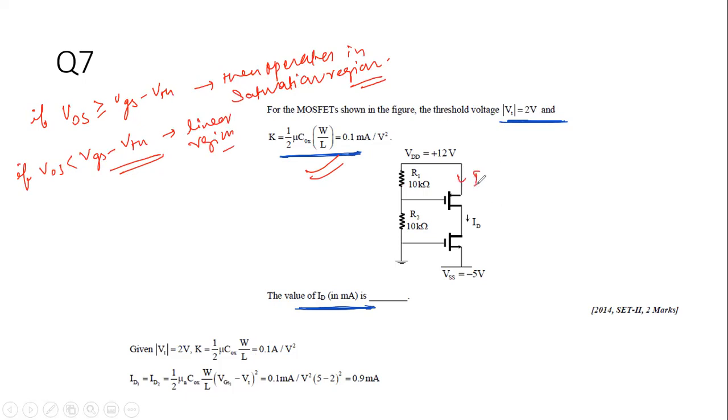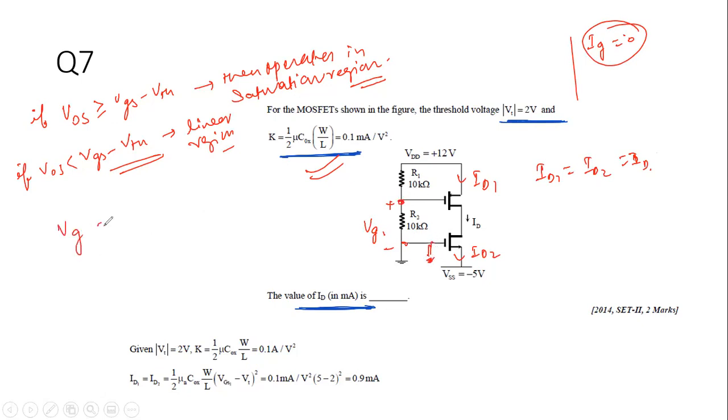So let's say this current is ID1 and this current is ID2. ID1 equals ID2 equals ID, because the gate current is always equal to 0. Now just solve this. This potential is VG, and this is ground potential. VG equals 10K upon 10K plus 10K into 12, which is equal to 6 volt.